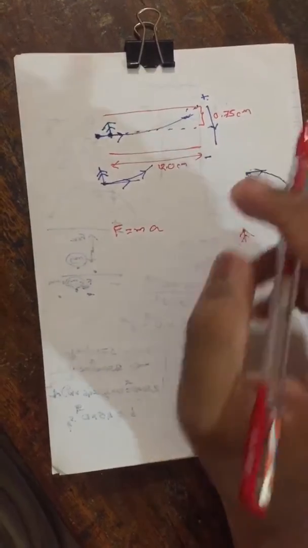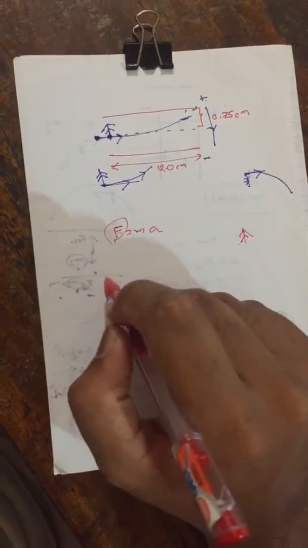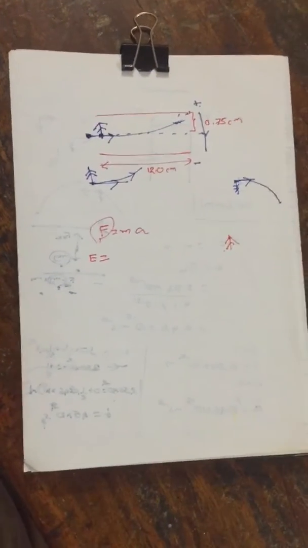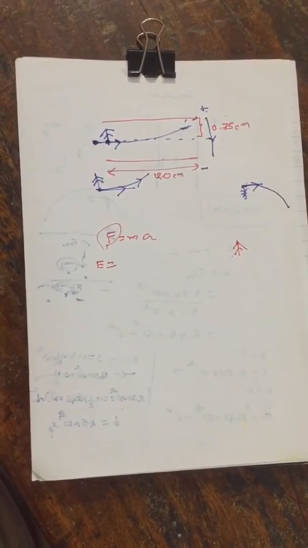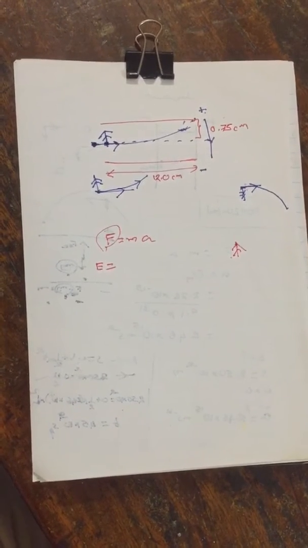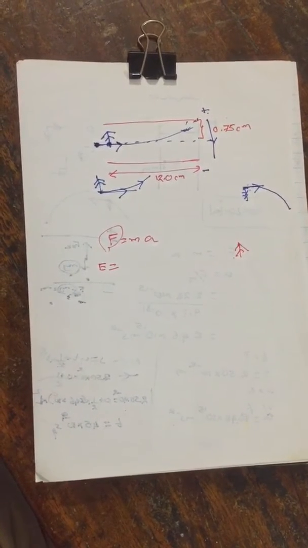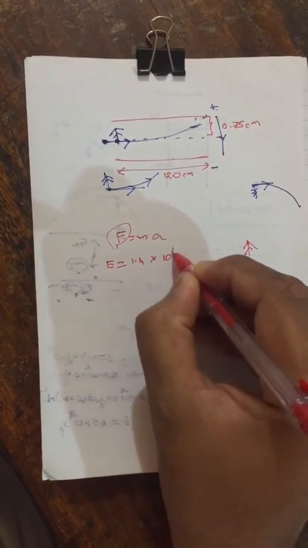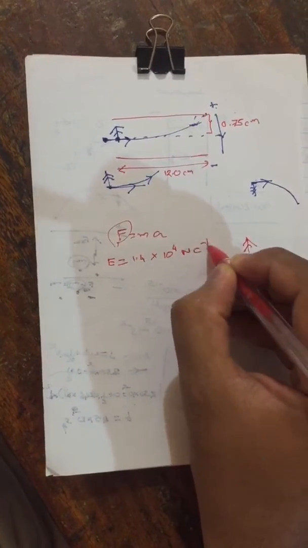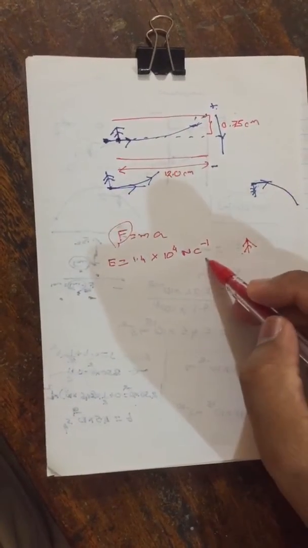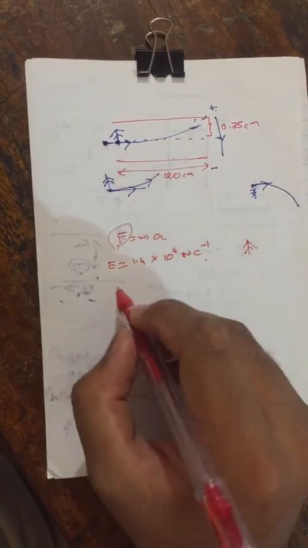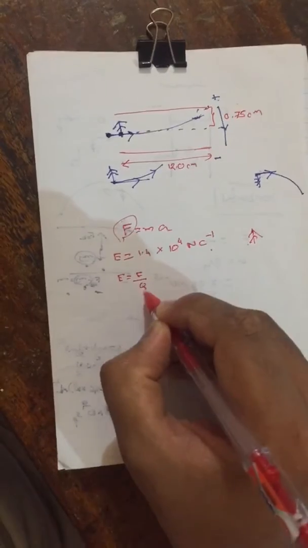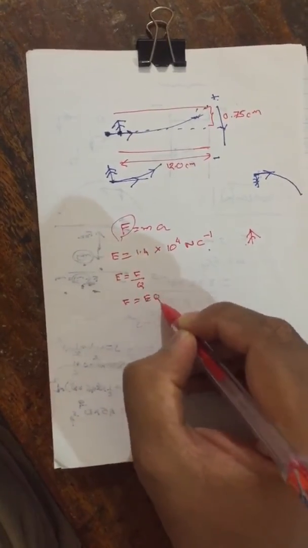The mass of an electron is in the data sheet, so you have to find the force. In the B part, you calculated the electric field strength, and that electric field strength is equal to 1.4 times 10 to the power 4 newton per coulomb. Now you can use the equation E is equal to F over Q, so F is equal to EQ.